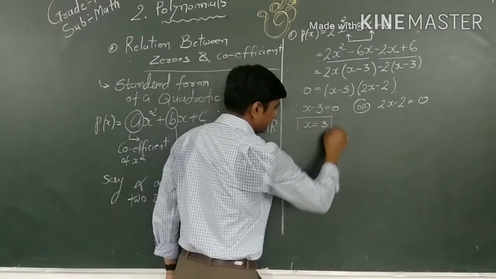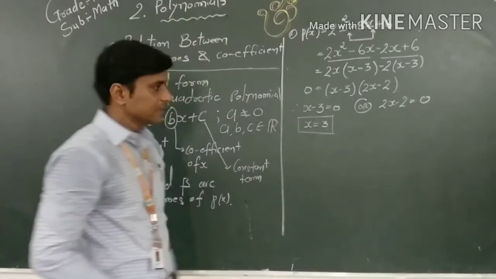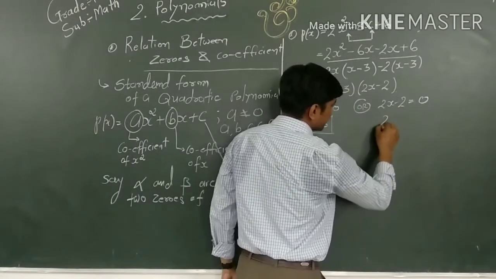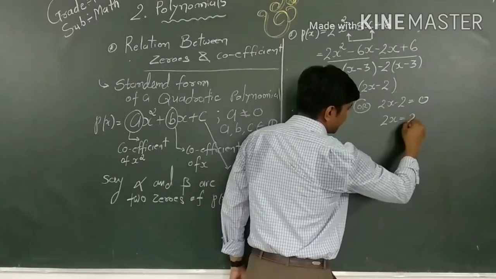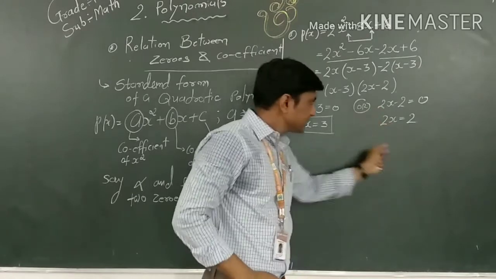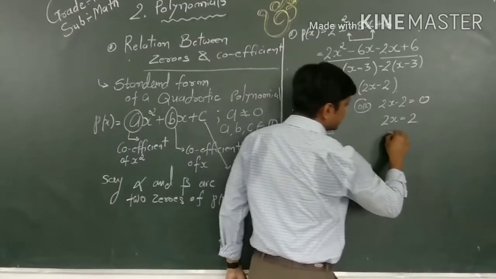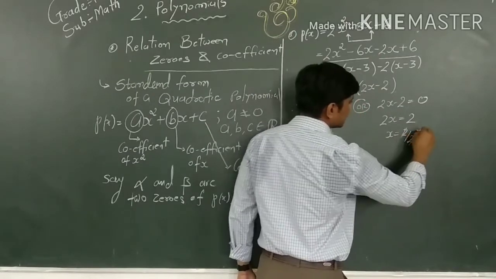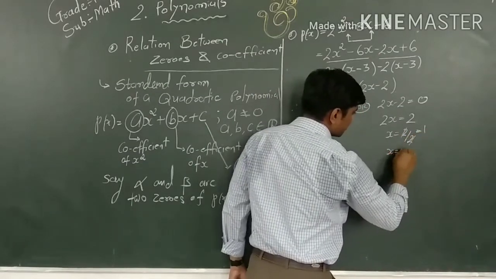That means we have x equal to 3. Similarly, here transfer minus 2 to the opposite side, it becomes positive, and 2 is a multiple of x, so it goes for division. 2 upon 2, the 2s cancel, and x is equal to 1.